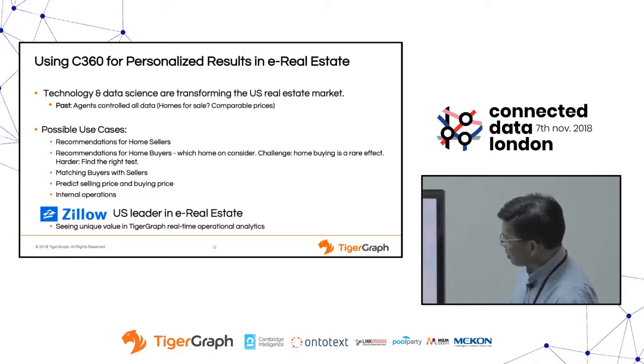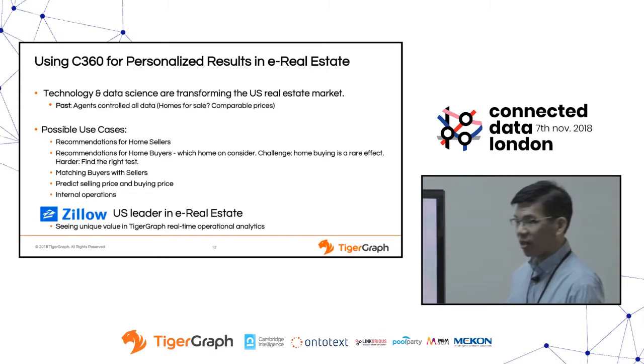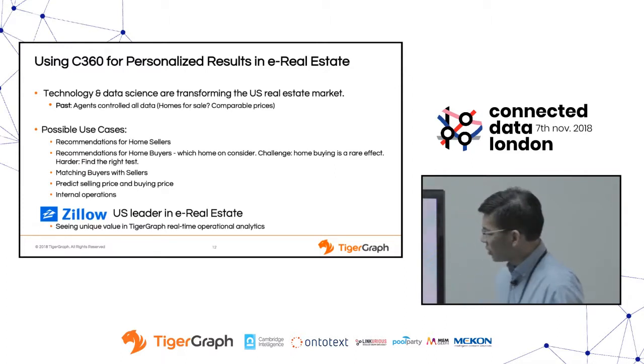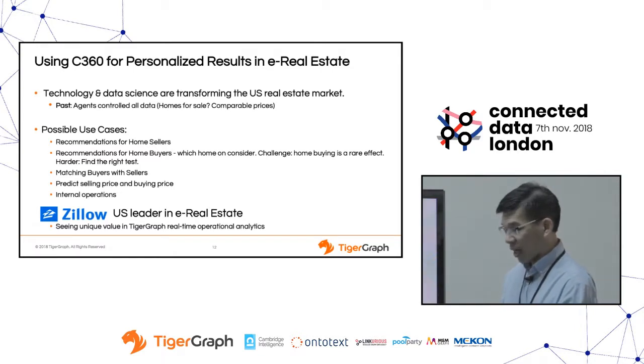One case I'll talk about is Zillow. Zillow is a US-based leader in e-real estate. They're really transforming how the real estate industry has worked for decades in the US. The idea of going to an agent and having that agent do things for you is being changed, where you can now do a lot of things for yourself on the web.